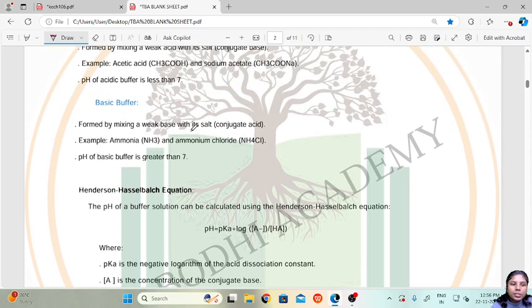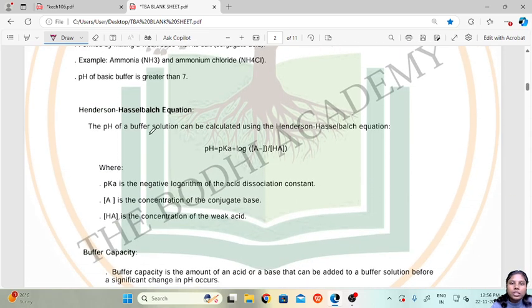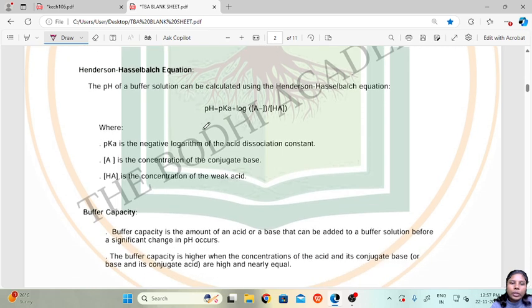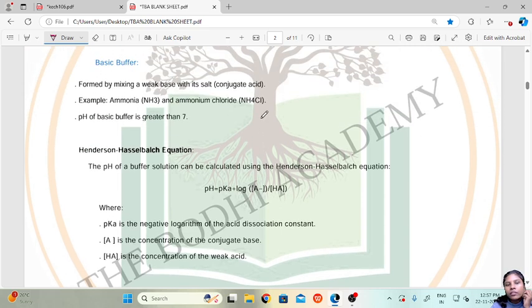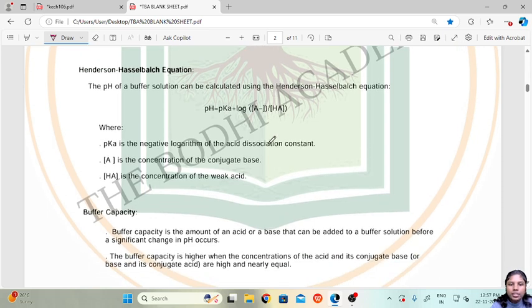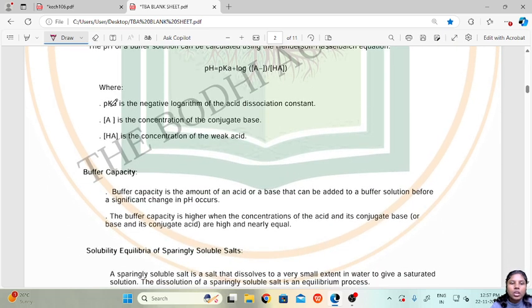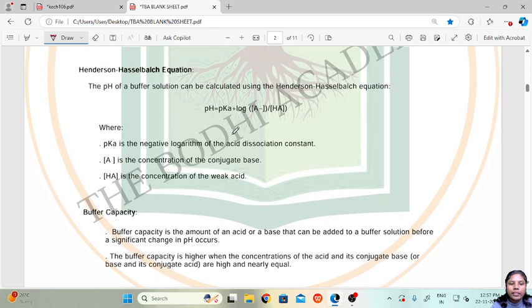Now to calculate the pH of buffer solutions, we use a special equation known as the Henderson-Hasselbalch equation. This equation is given by pH equals pKa plus log of A minus upon HA. Whatever weak acid we have along with its conjugate base, it is the log of their concentrations. Here, pKa is the negative logarithm of the acid dissociation constant, this we already know.